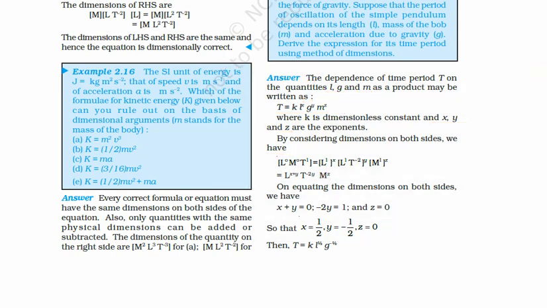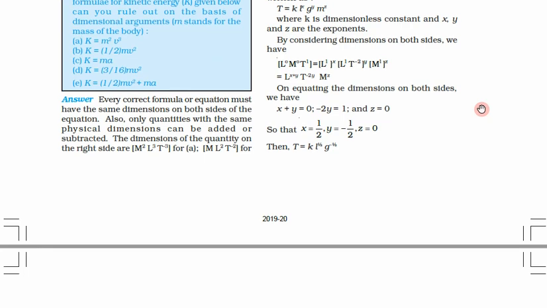Now let us see what we can say with this equation. The left hand side has only T to the power 1, mass and length are 0. So let us calculate this. This is L to the power x and this is L to the power y. So what is the total power of L?